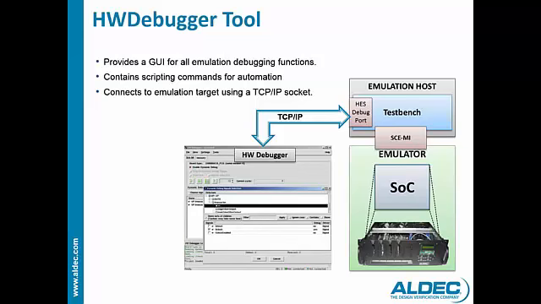It provides a GUI for all the debugging features and includes a TCP interface from the emulator to the host, so the hardware debugger can be run on a different computer connected to the network. So you can run it and debug from your own desktop, and there are scripting commands for automation.